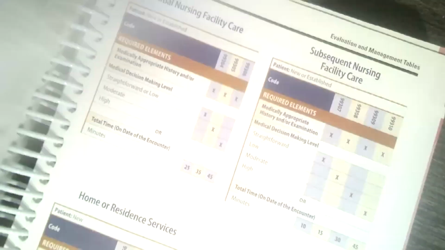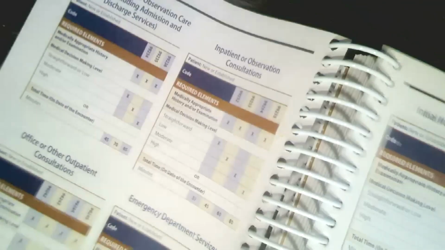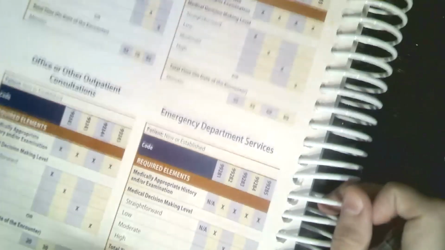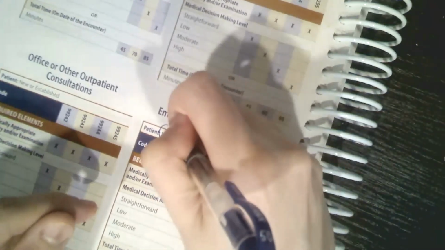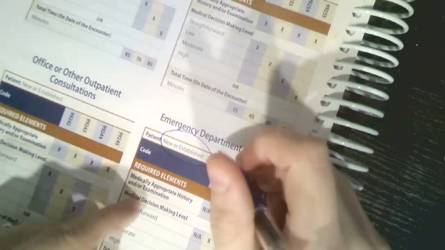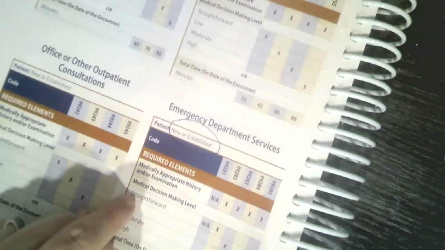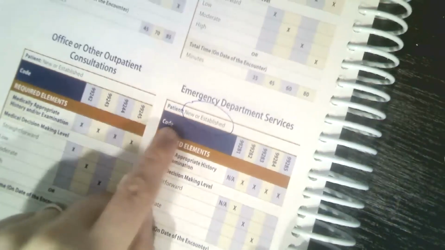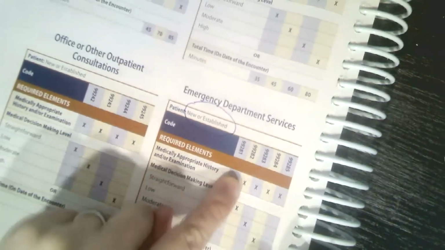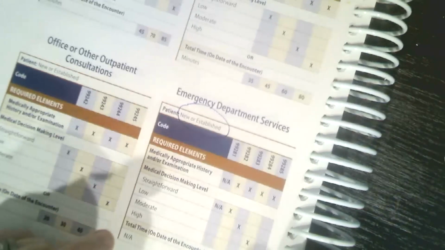Another way to pick the correct code would be to go to the table here. And we look for emergency department services. Here we go. Remember, new or established, it doesn't matter. And we had straightforward medical decision making. And remember, we did have to do an appropriate examination, so we could not select this one.